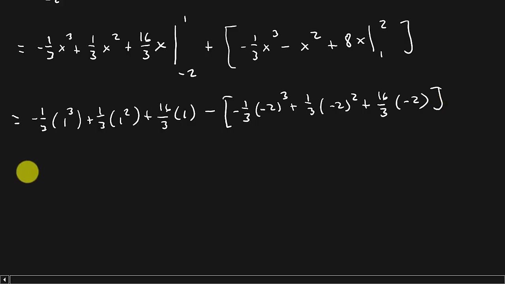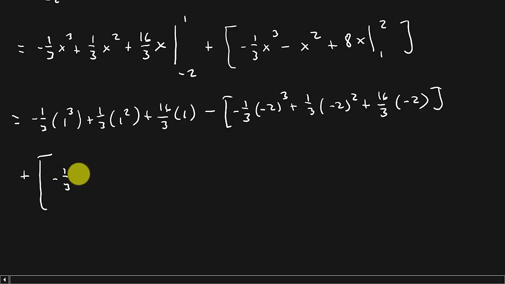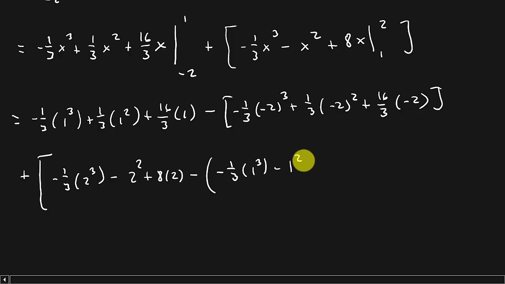All right, and then that is plus this whole thing. So let's put all that in a bracket. Now let's see, we plug the 2 in, that's going to be -1/3 times 2 cubed minus 2 squared plus 8 times 2 minus, and make sure you put that in parentheses, minus, now we plug the 1 in, -1/3 times 1 cubed minus 1 squared plus 8 times 1.